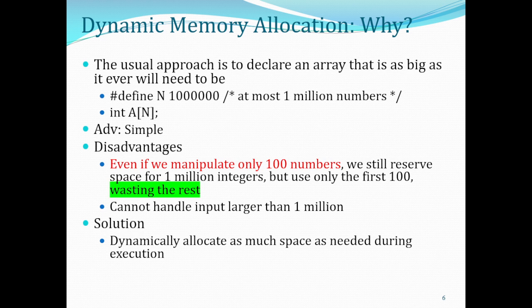This is an array, so it's sitting in the memory. It's huge. It's 4 megabytes, right? Each integer is 4 bytes, so 4 million bytes. 4 megabytes only for this array, but sometimes we are only using a few hundred of them, so the rest will be wasted.